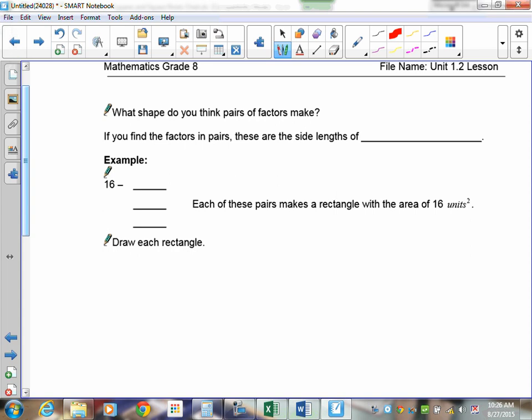So, let's take a look at the shape that pairs of factors make. If you find the factors in pairs, these are the side lengths of the rectangle that has that area. Okay? So, for example, the factors of 16 are 1 and 16, 2 and 8, and 4 and 4.